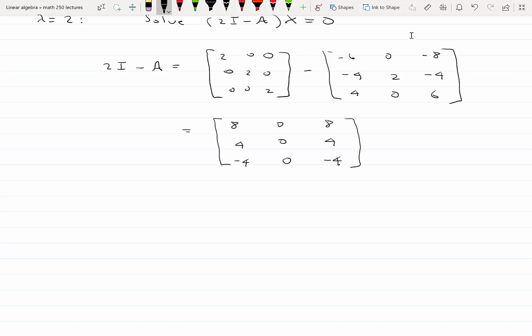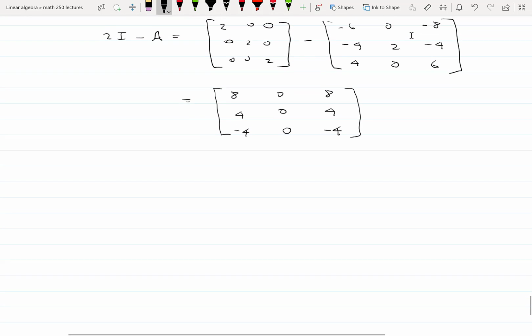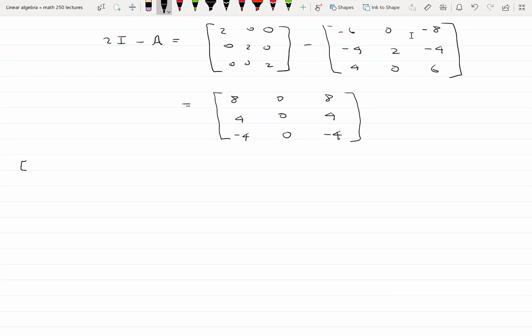Okay, all right. So we augment 2I minus A with the 3 by 1 zero column vector, 0, 0, 0.